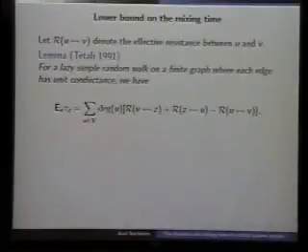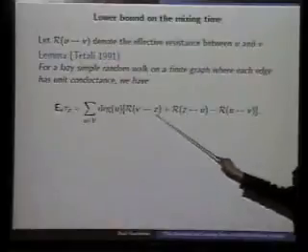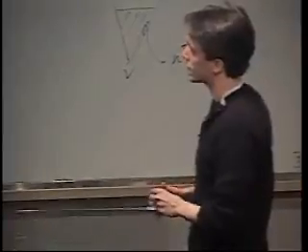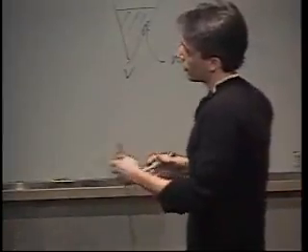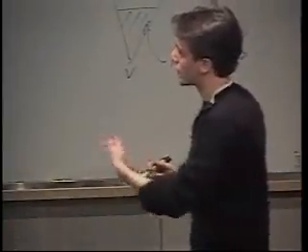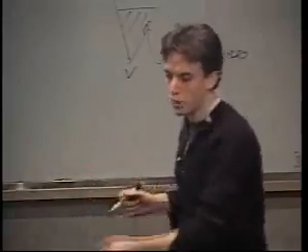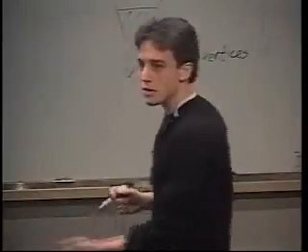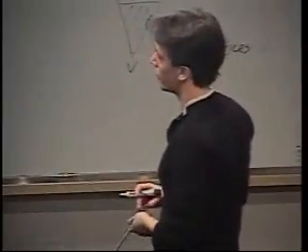But these will be big. So how do you bound from below the effective resistance? A way to bound from below the effective resistance is what's known as the Nash-Williams inequality.